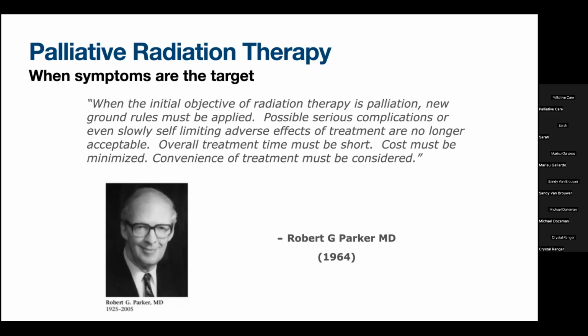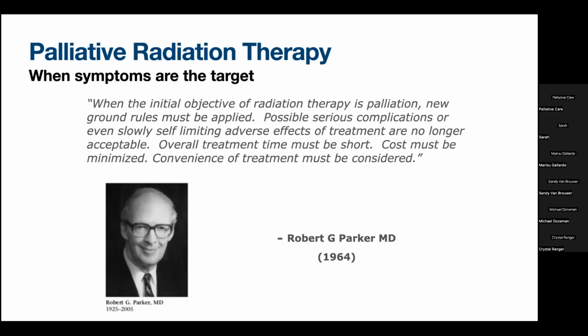So Robert Parker is someone that I discovered in preparing for this lecture as what seems to have been a pioneer in the radiation oncology world. And in his article from 1964, he had written, when the initial objective of radiation therapy is palliation, new ground rules must be applied.